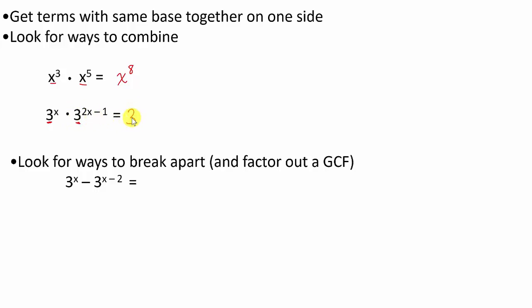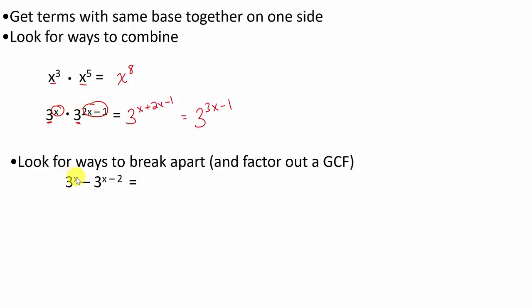So I keep the base of 3, and I add the powers, x plus 2x minus 1. And then we can simplify this: it becomes 3 to the 3x minus 1.